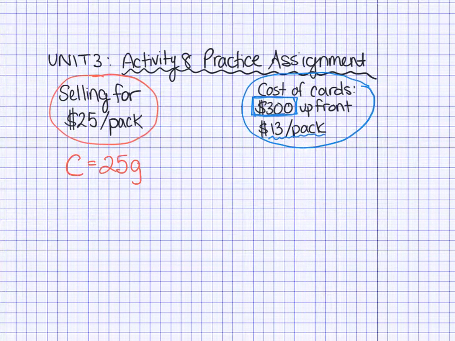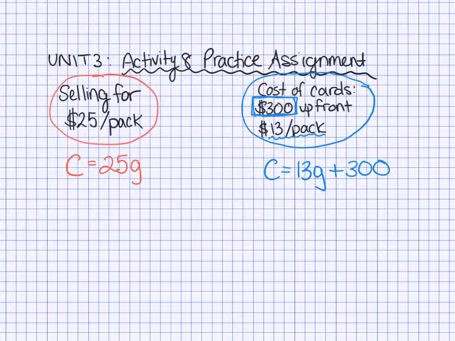So if I'm going to use the same variables, I would say the cost of our cards is going to cost us $13 per pack, so 13G, plus $300. Yeah, so that's how much we're going to be paying. So every time we buy a pack of greeting cards, we pay $13, and then we pay that one-time fee of $300.